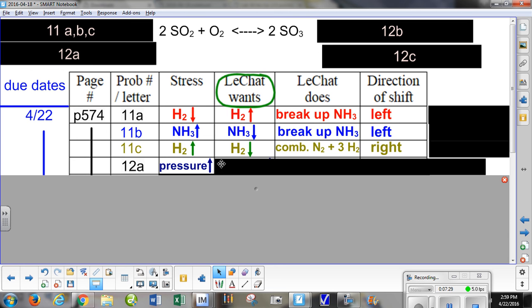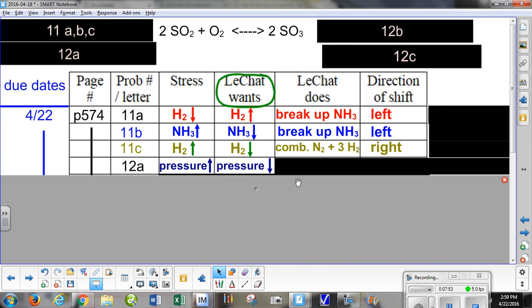It's not a stressor, and Le Chatelier won't respond to it. Most of the containers they do this in have a fixed volume. So, if pressure's up, what does Le Chatelier want to do? He wants to get that pressure down in the worst way. So down they go.